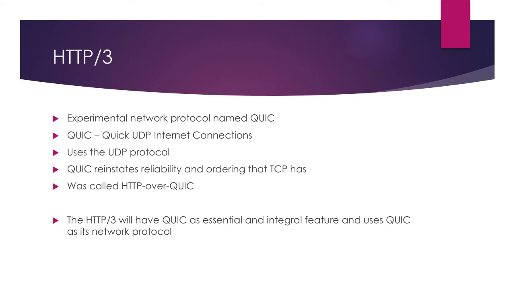So this is how QUIC has been able to manage the advantages of TCP as well as incorporate the lightweight nature of UDP. After the experimentation and negotiation with various stakeholders, HTTP3 now has QUIC as an essential and integral feature and uses QUIC as its network protocol. So this is a summarized version of what HTTP3 is.